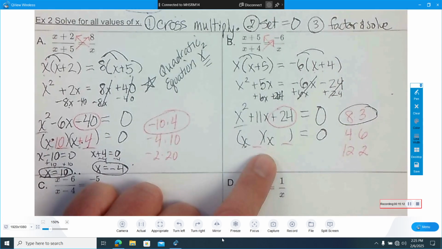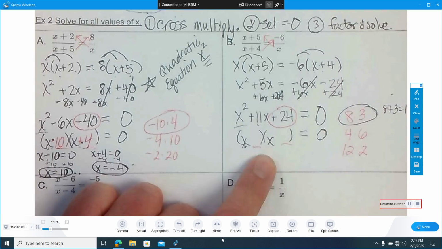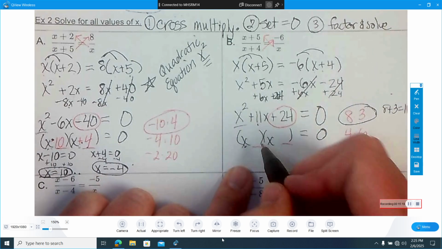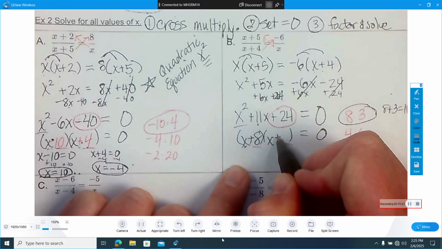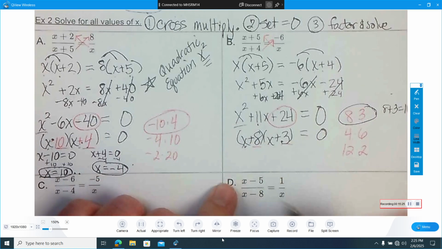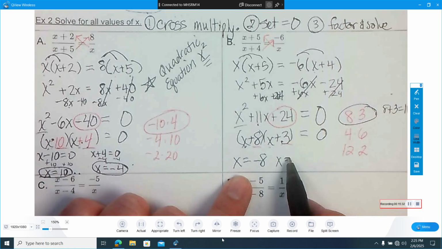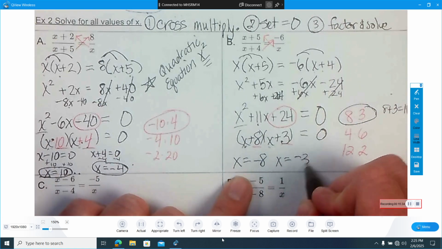Why? Because 8 plus 3 gives us that positive 11 we're looking for. So we have a positive 8 and a positive 3 to put into our bubbles. If the bubble is x plus 8, what's the solution for x? Negative 8. And if it's x plus 3, what's our solution for x? Negative 3. Done.